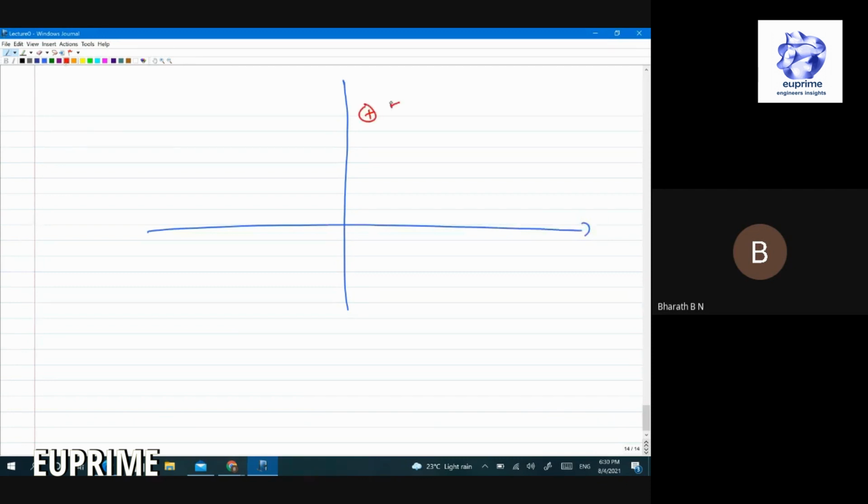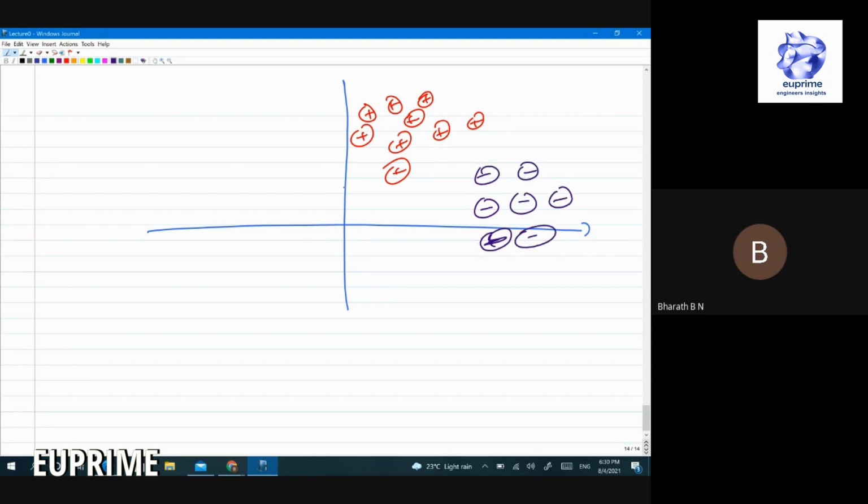So plus is here, all spam. And you also have non-spam, as before, let's say like this. Sorry, this is minus. And there are a few minuses here also. Now what do you do? Can you use a hyperplane to separate?